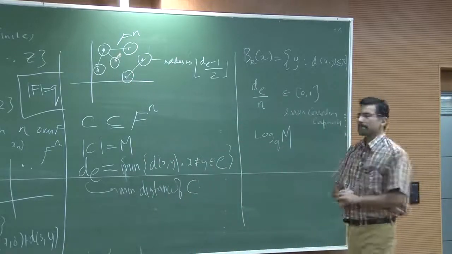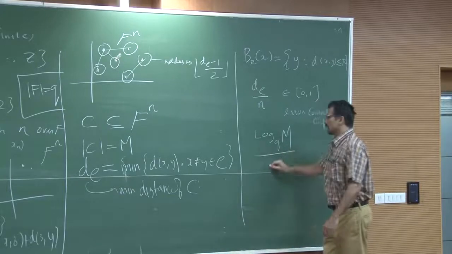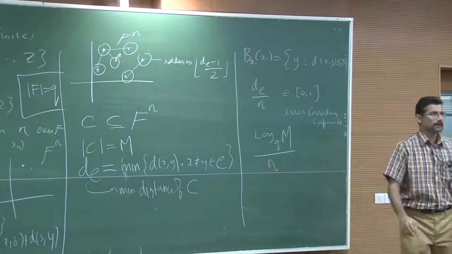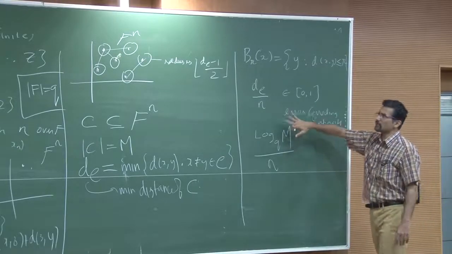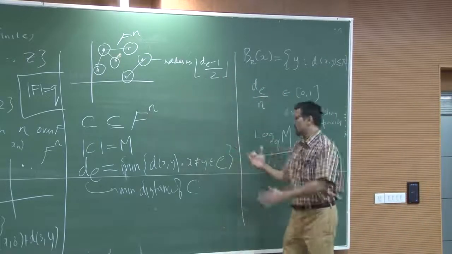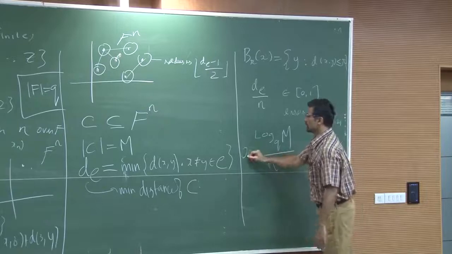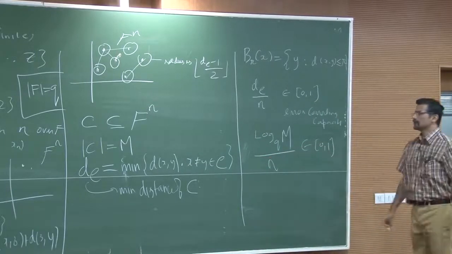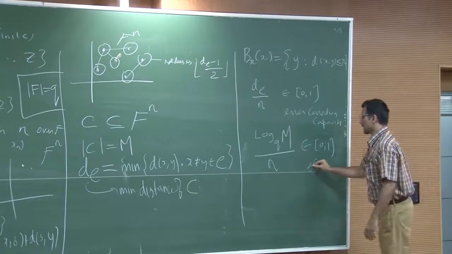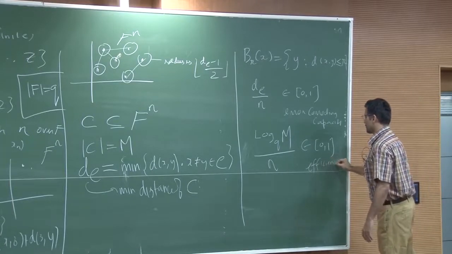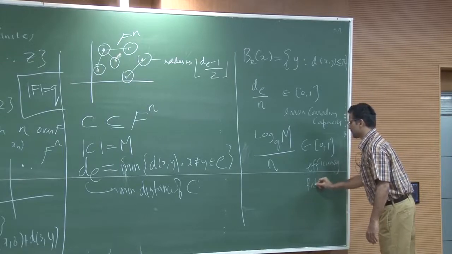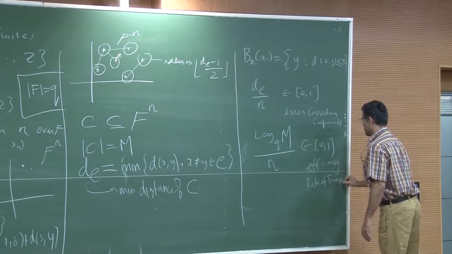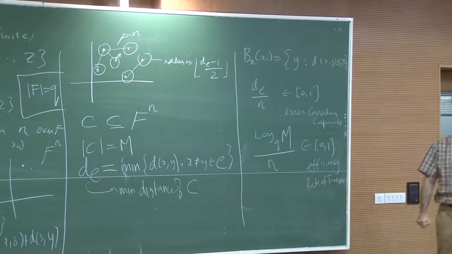N is what you are using to transmit. M is a subset of q to the n, so this is also a number between 0 and 1. And this is my efficiency, or rate of transmission.